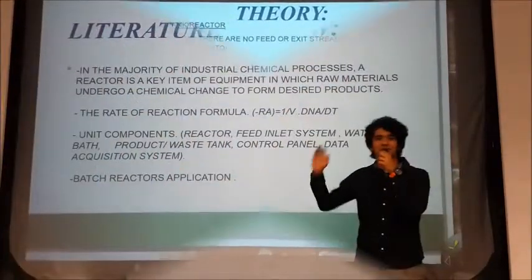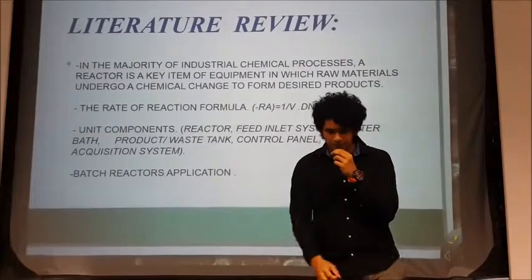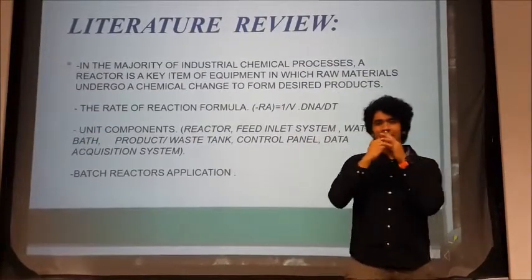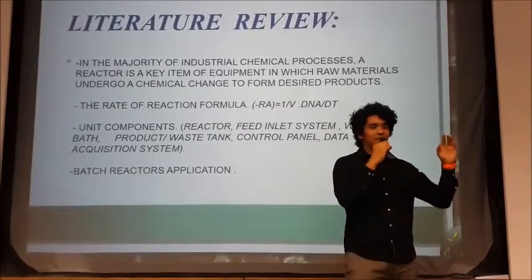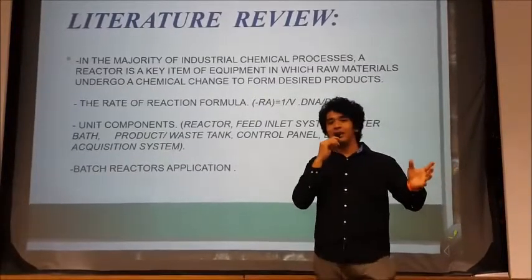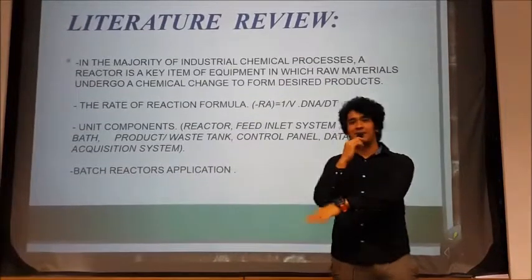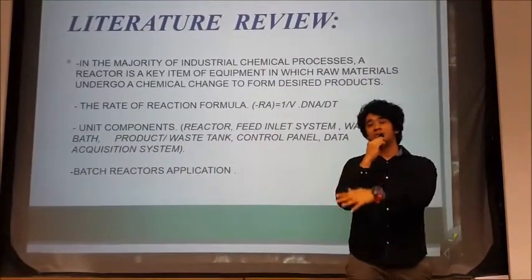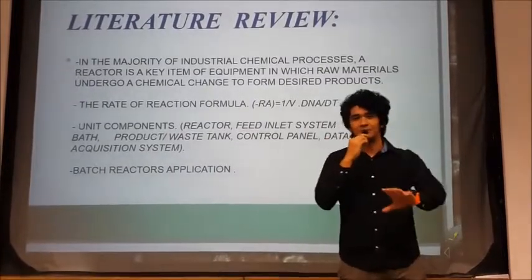We're talking about the literature review of our project. Reactors are very important in the industries. They take your raw materials, undergo a chemical process, and produce your desired products. The reactors are where this chemical process takes place.